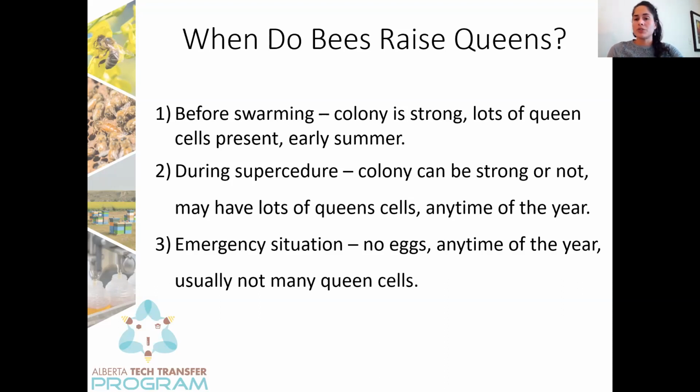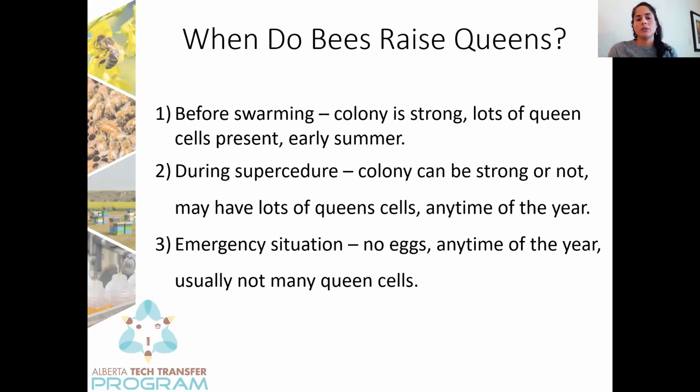The colony can be strong or not, and they may or may not have lots of queen cells, and that can happen any time of the year. But they also raise queens during an emergency situation, and that is probably when the beekeeper went there to inspect the colony and by mistake squished the queen.